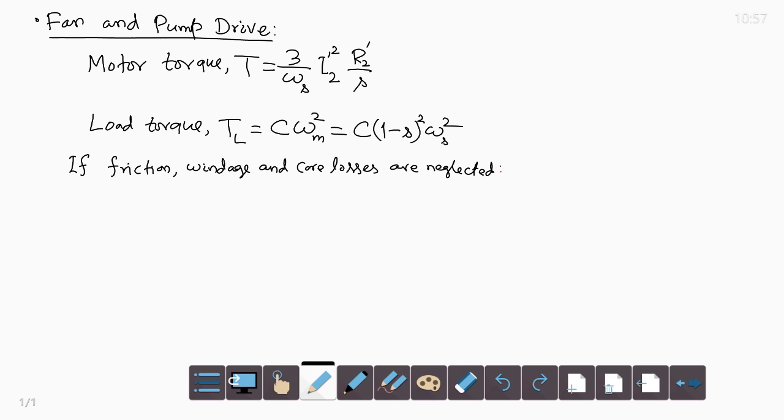So, if friction, windage and core losses are neglected, then TL equals the motor torque Te.